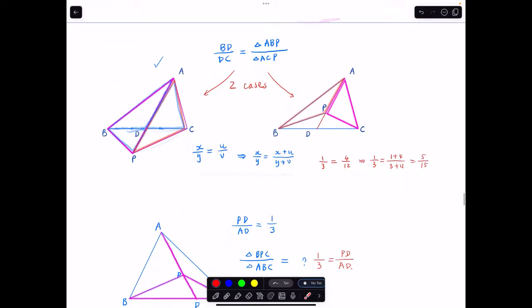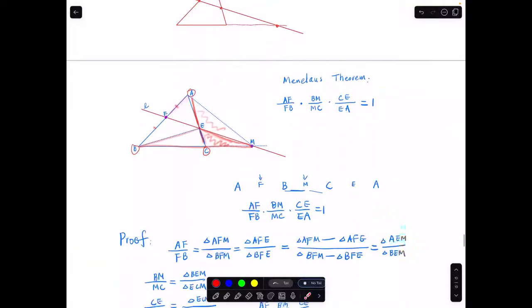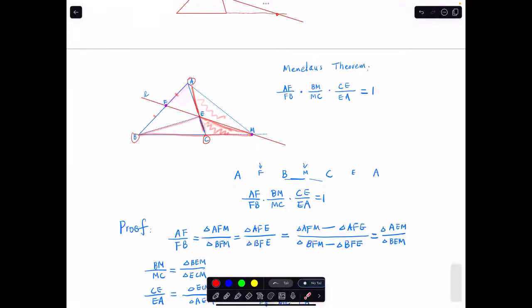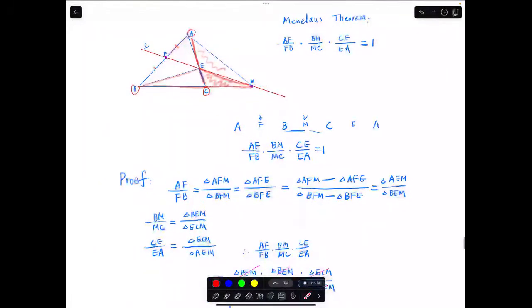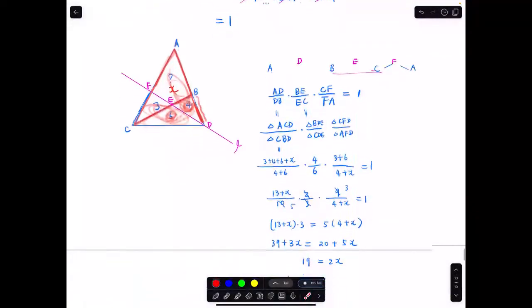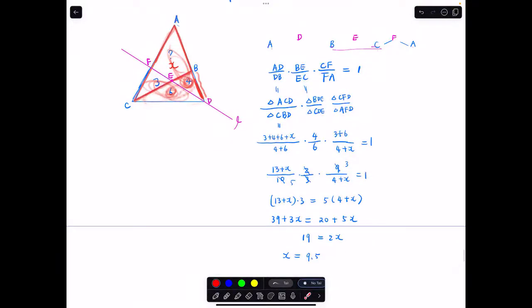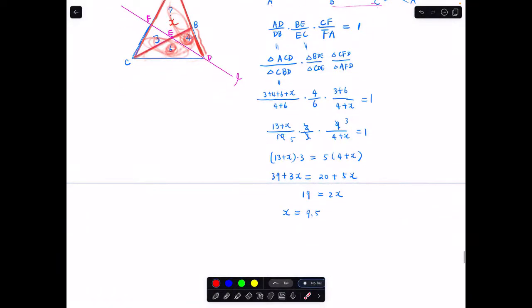Not straightforward, but it's good for you to try to figure it out after the video. And we talked about Menelaus Theorem and how to use area to prove it. Use this argument here, and check out the brilliant.org page for the other proof. And we solved the problem on brilliant.org. Today is just the first video in a series of videos on advanced geometry facts.